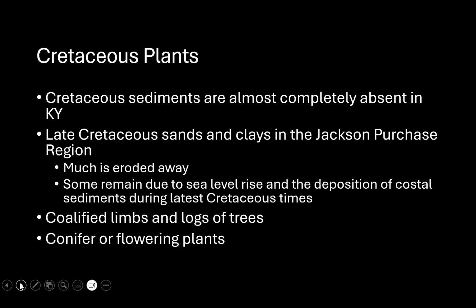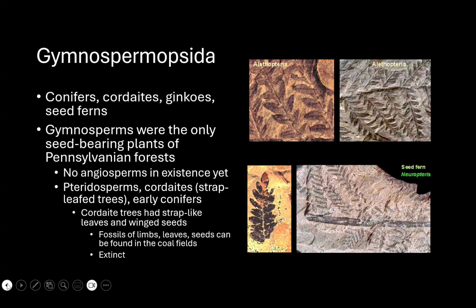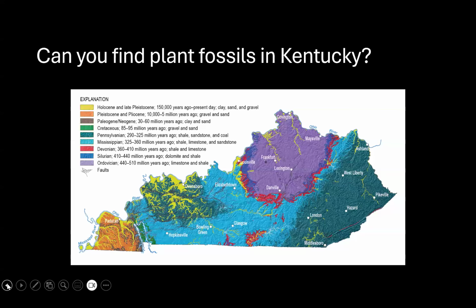So let's move out of those Pennsylvanian plants for a second. I want to mention the Cretaceous period and the Paleogene, Neogene period as well, because we do find a few fossilized remains, not quite as much as the Pennsylvanian, but nonetheless we see a little bit.